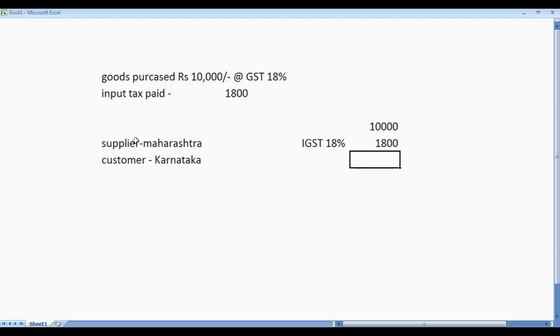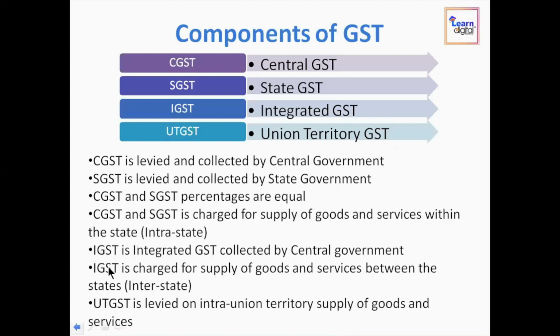For the seller or the supplier, he needs to charge IGST on this bill, and the whole amount will go to the central government. So IGST is integrated GST collected by the central government, and charged for the supply of goods and services between states, that is, interstate sales and purchases.